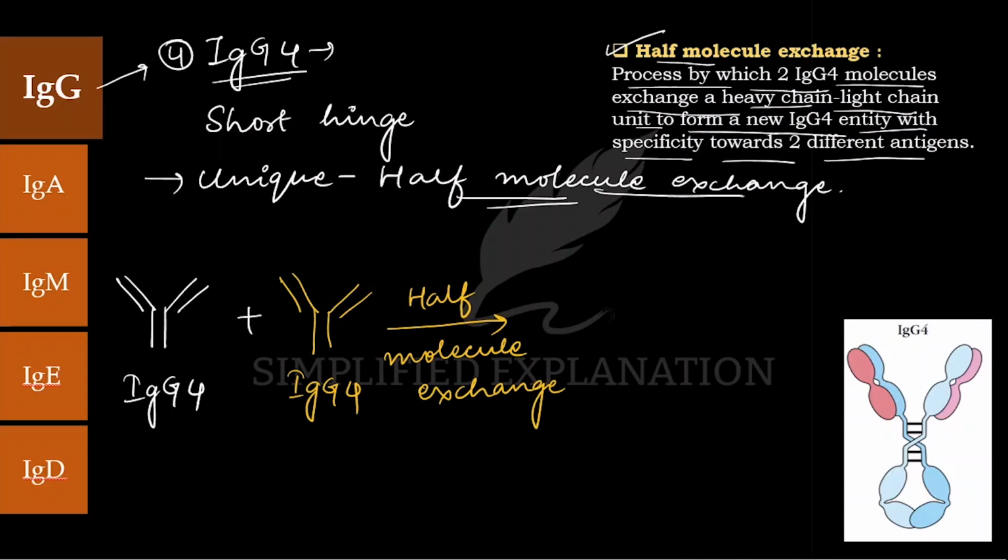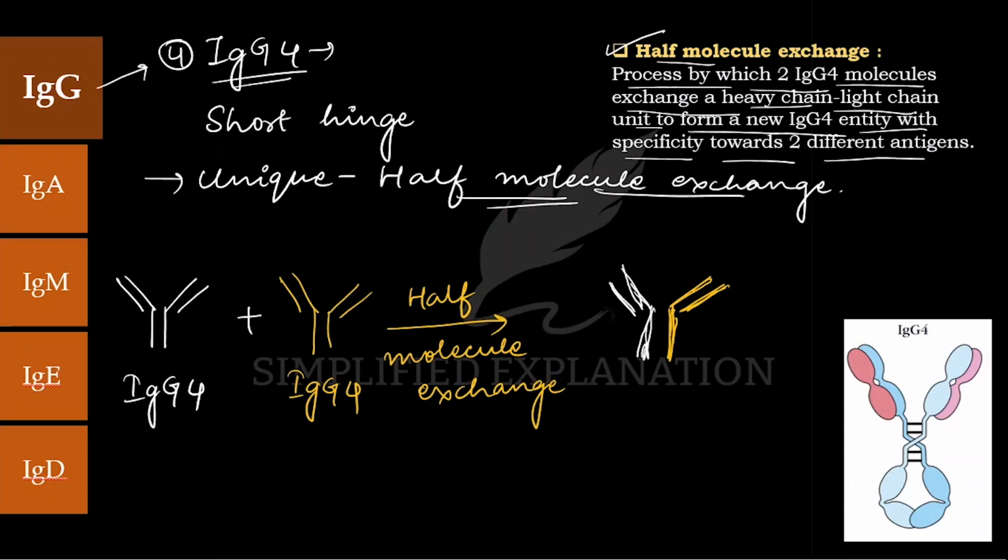Now what will happen after half molecule exchange? One heavy chain and light chain of one of the IgG4 will combine with another half of the other IgG4.